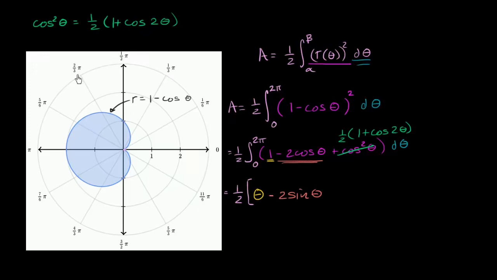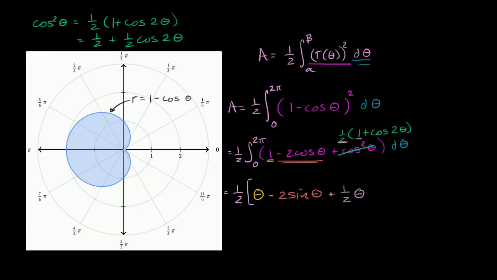And then we're going to have, actually, let me distribute this. This is the same thing as 1/2 plus 1/2 cosine of 2 theta. So the antiderivative of 1/2 is going to be 1/2 theta.